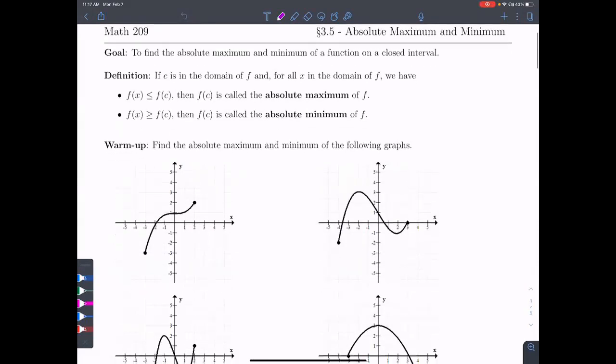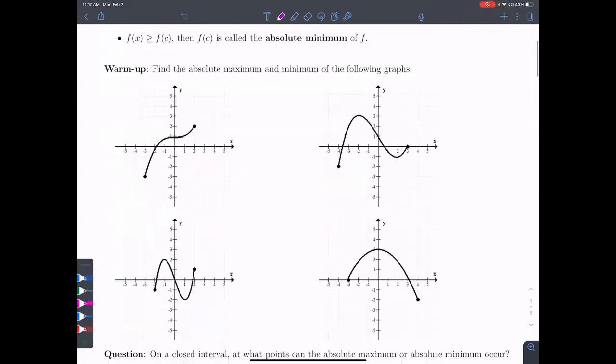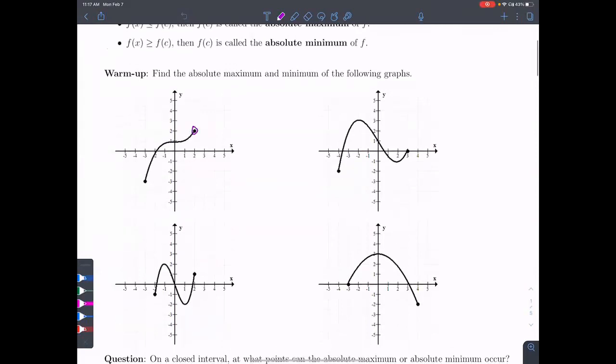this out. So looking at these graphs for a minute, let's look for the absolute maximums on all of them first. So this is the highest point on the graph total. That's the absolute max. That happens at the ordered pair 2, 2. Here, this is our absolute max at -2, 3.